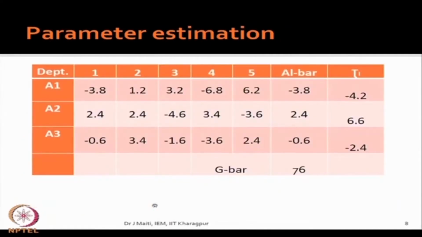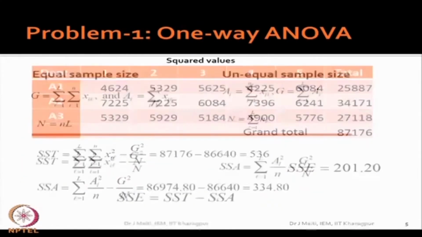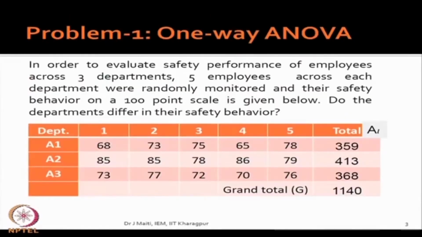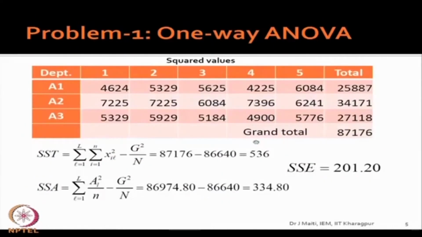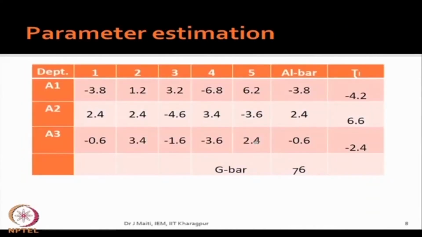Now let us see for the data points what we have discussed here. These are the data points given. Now with respect to this, we want to see all the parameters. Here tau L, that is tau 1, tau 2, tau 3.